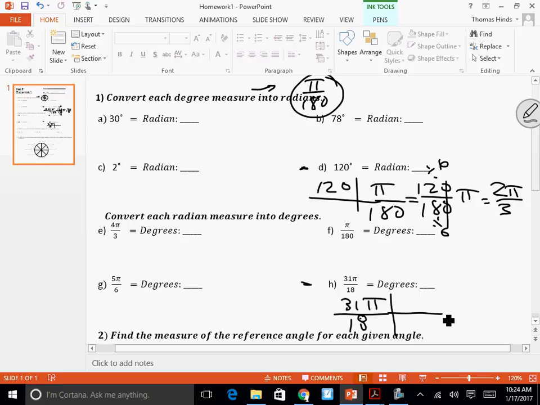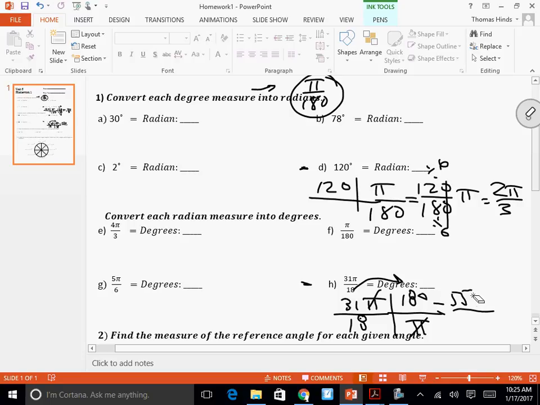I know I need it in order for it to be degrees. 180. The pi's have to cancel, which is why they have to be on opposite or diagonal from one another. All right, help me out. 180, the pi's cancel. 180 times that 31 gives 5580.